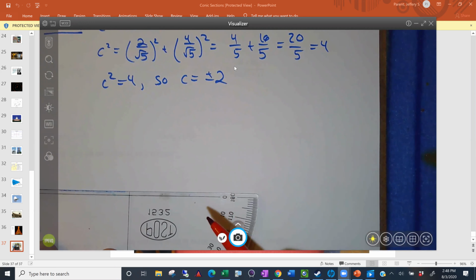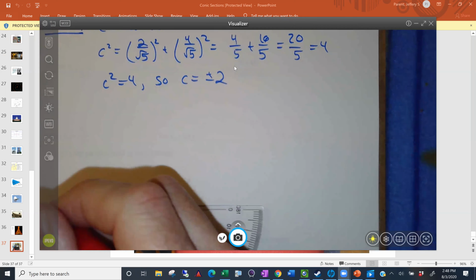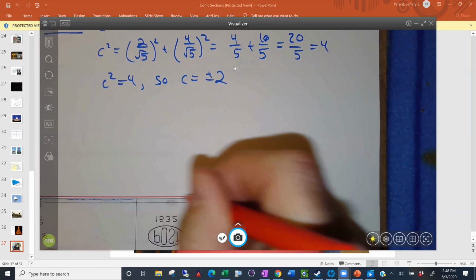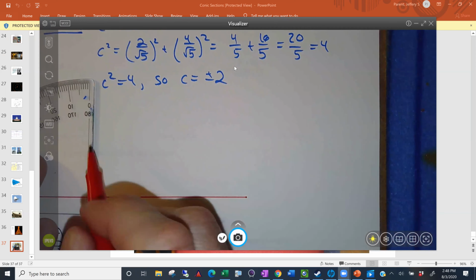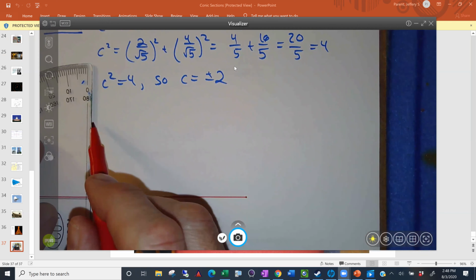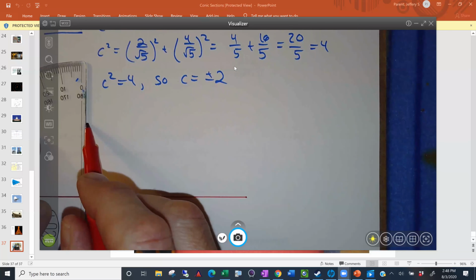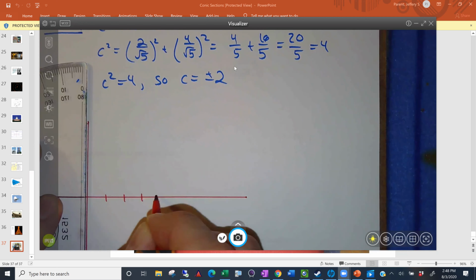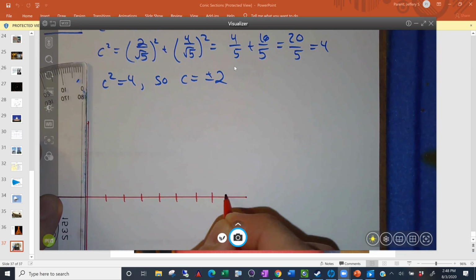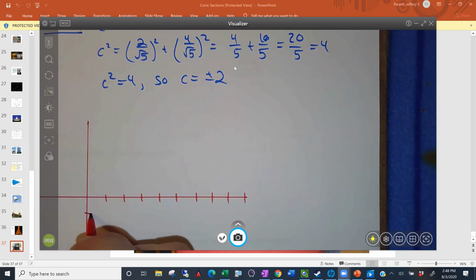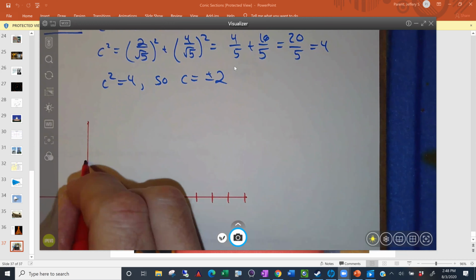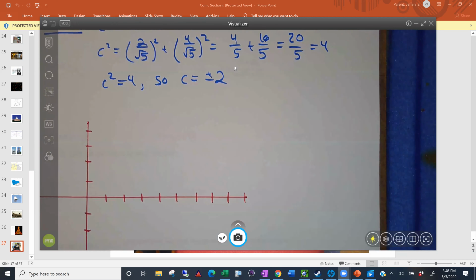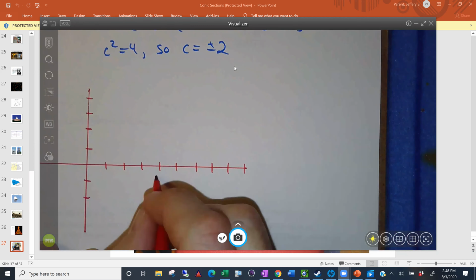Let's see, 6 and 2. I'm trying to draw it, giving myself room to fit in here. Four.